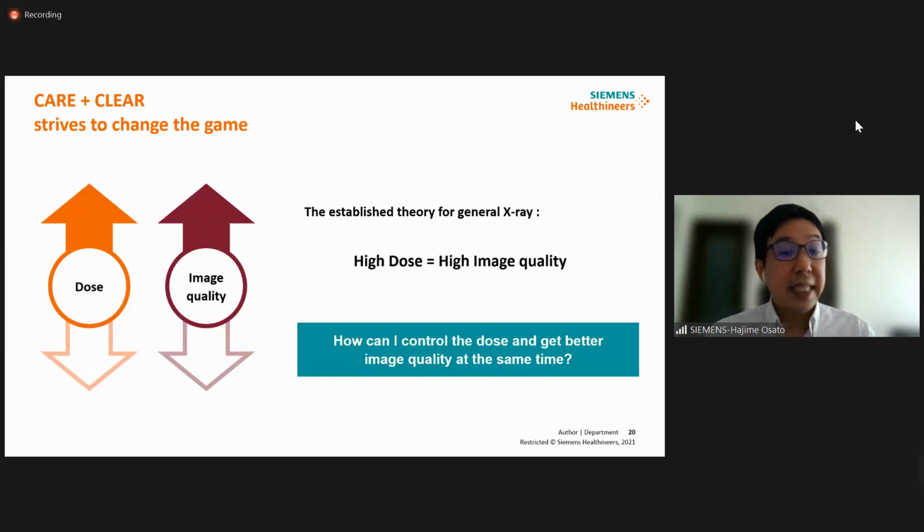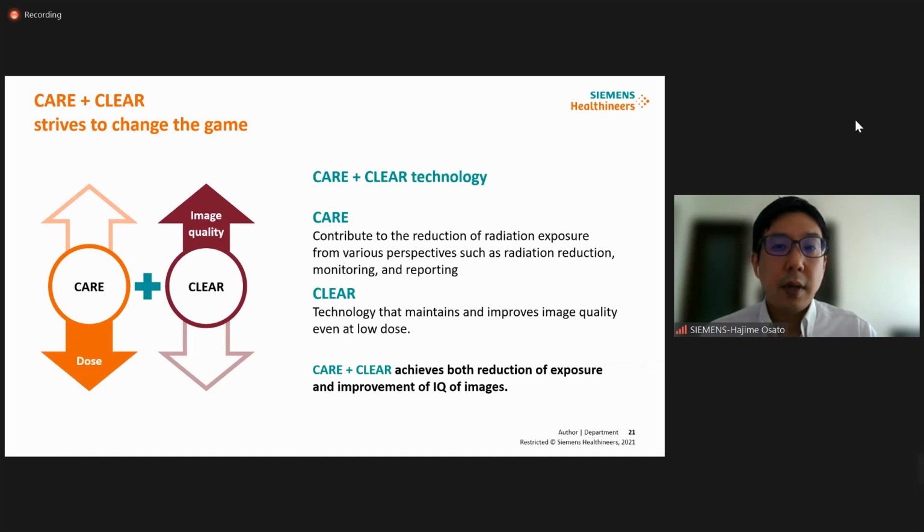The established theory for general X-ray is that high dose provides high image quality. That is exactly so, but as I mentioned, the radiation dose should be reduced as much as possible and keep image quality. How can we control this point? CARE plus CLEAR technology come through our needs.